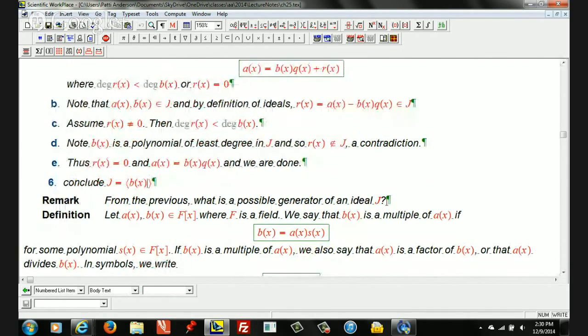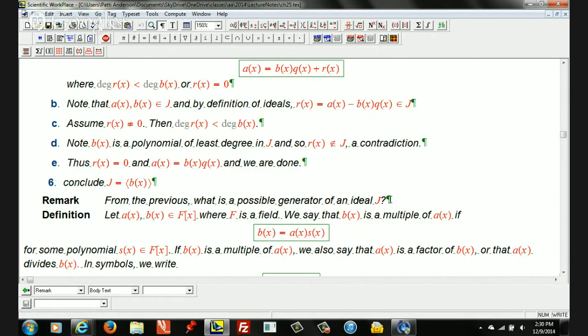What is a possible generator for your ideals, for your principal ideals in these polynomial fields? This is the conversation we had, sort of, in amongst the conversation we're having with Isaac. It's a polynomial of least degree, but is it a specific polynomial or is there a whole bunch of them? The coefficients can change.